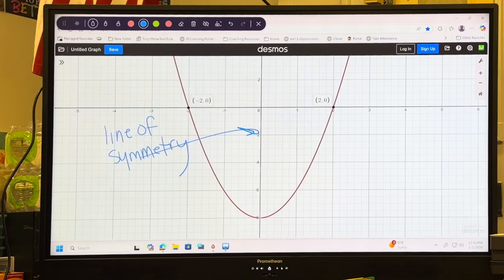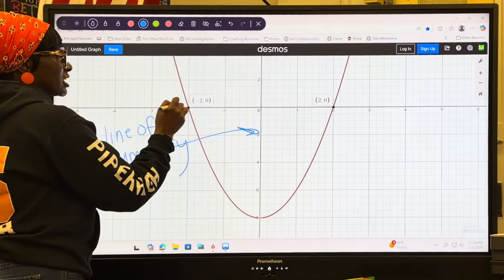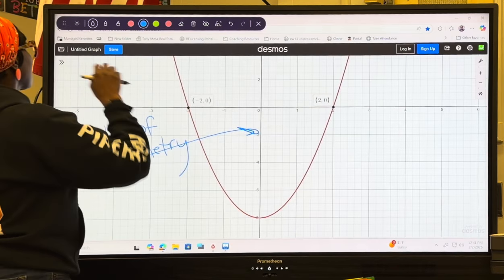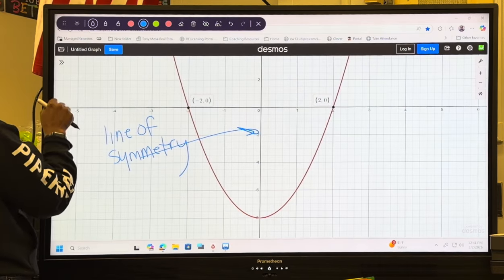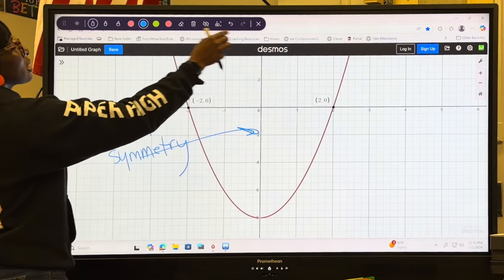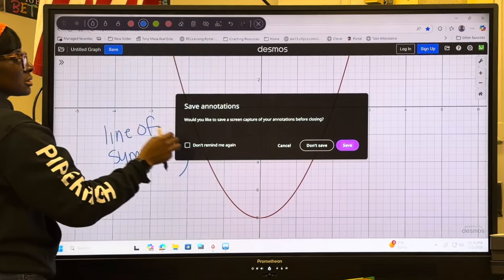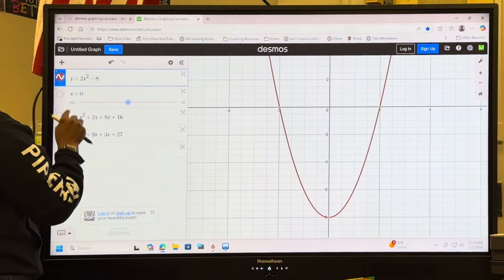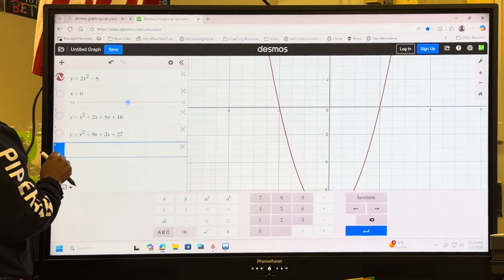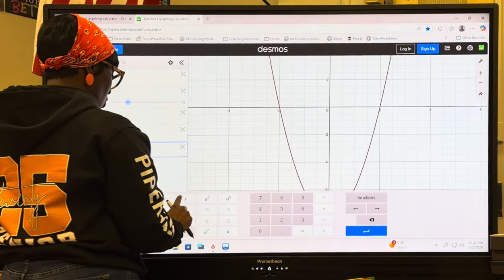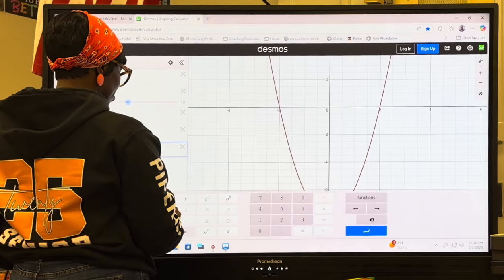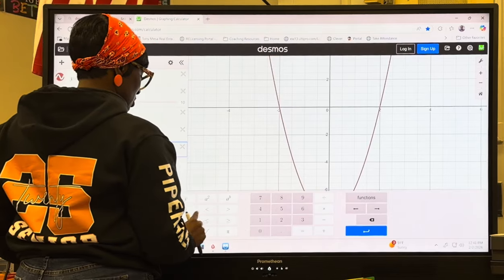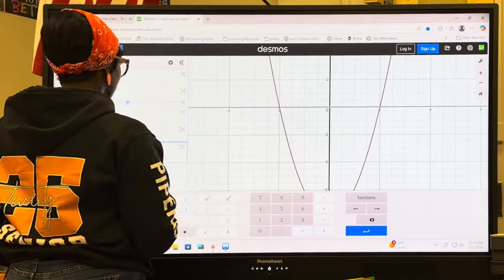It divides your parabola in half. How far is this point from the line of symmetry? Let me put the line of symmetry officially in there. Watch this. It is going to be x equals 0.